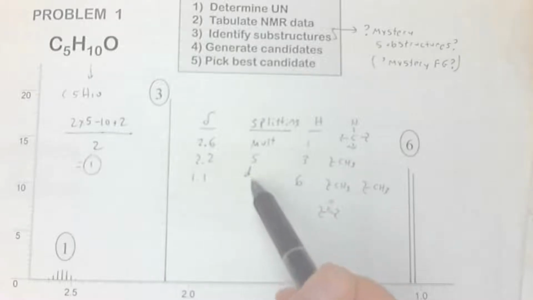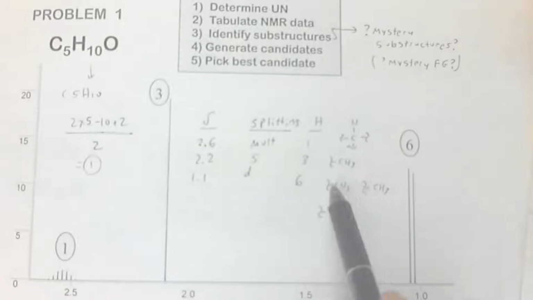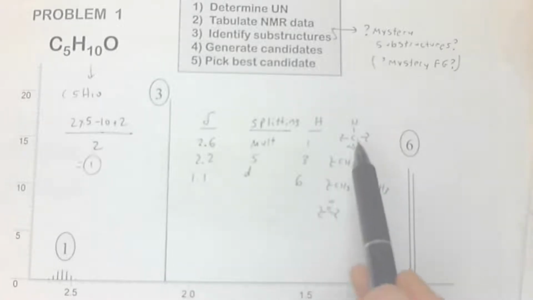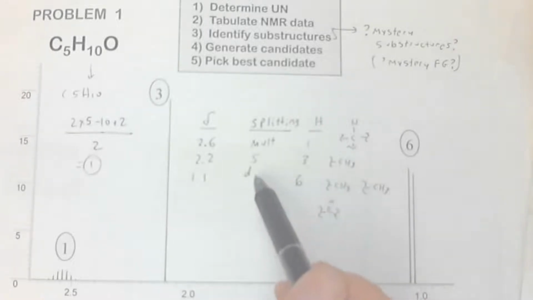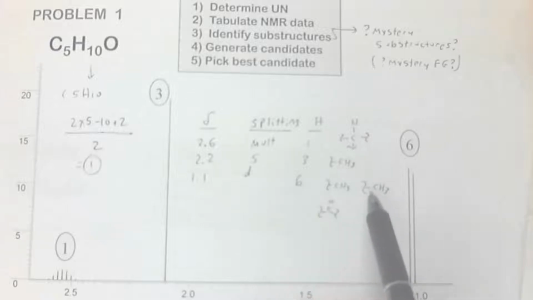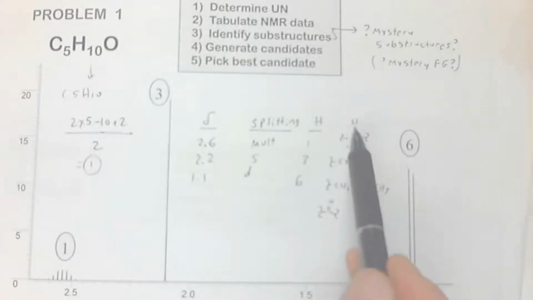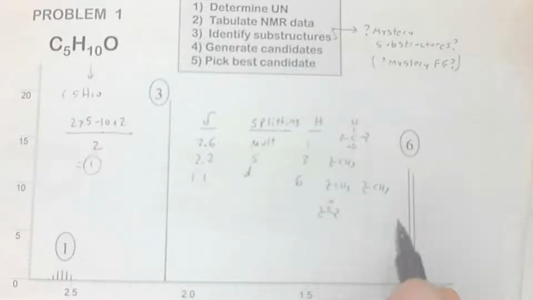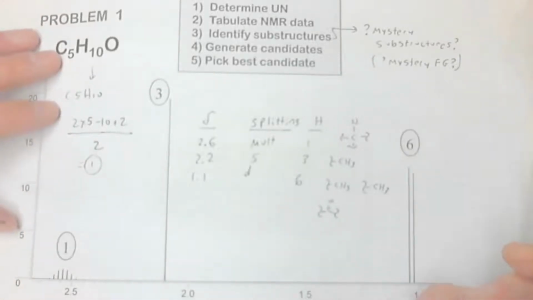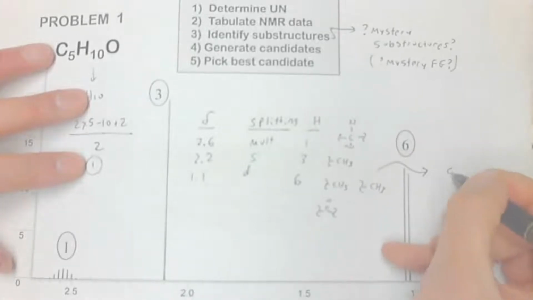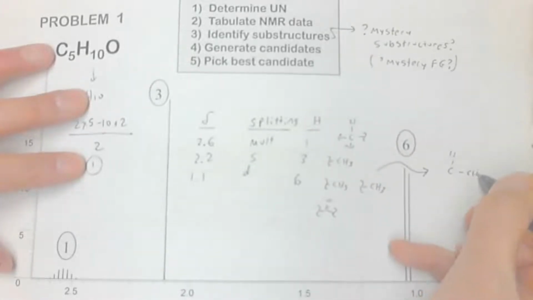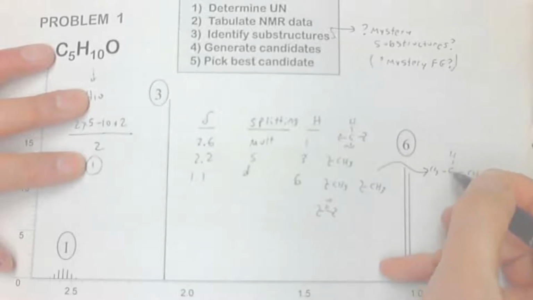1 + 1 is 2, double it, right? The D means these CH3s are connected to something, right? What are they connected to? The CH. It's the only possibility, right? The D just solved the problem for us because now we know these guys are connected to that guy, right? Sometimes it's good to have an eraser at this point, but I'm going to make an assumption that now we have a CH, CH3, CH3, right?